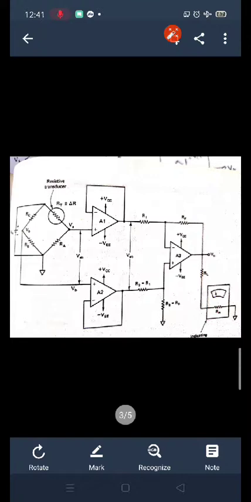This is a bridge, usually called the transducer bridge, and this figure shows the simplified differential instrumentation amplifier.